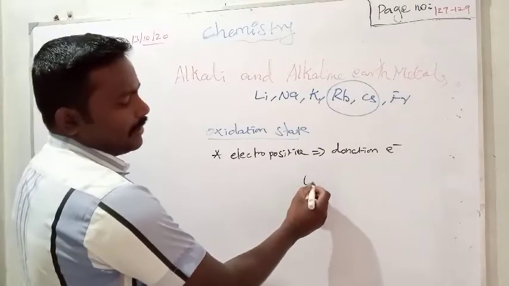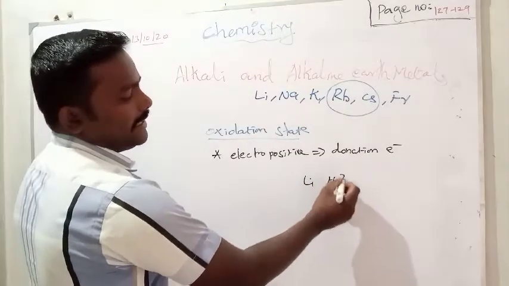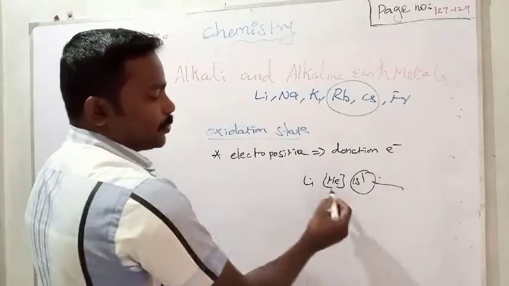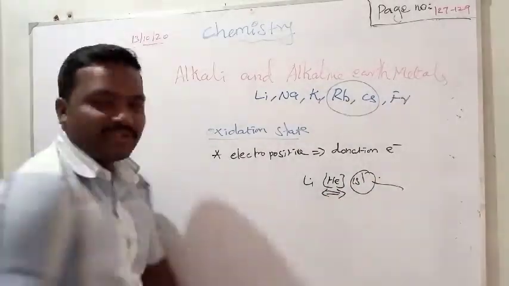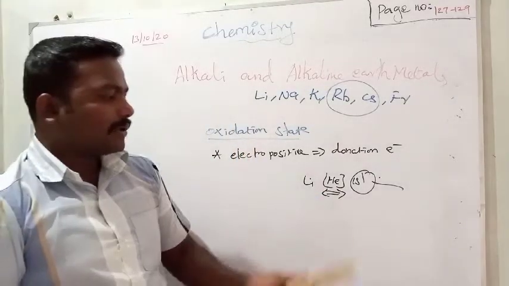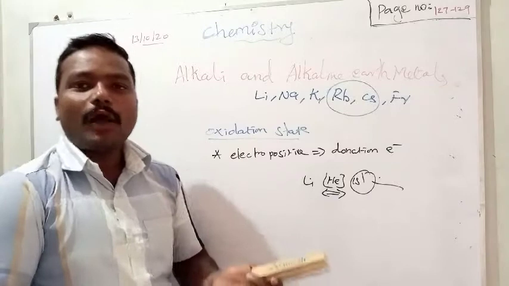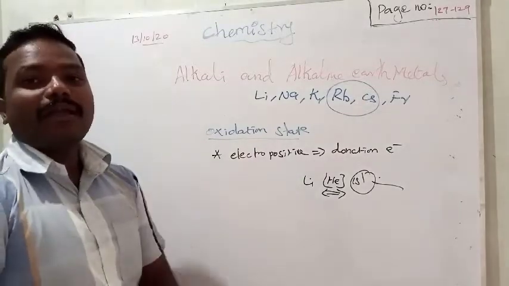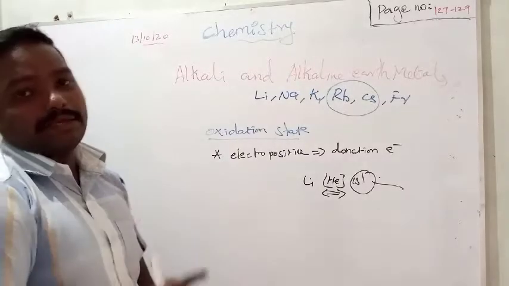For example, lithium, helium with 1s1. So if you remove this 1s1, lithium will stabilize with the inert gas helium. By losing one electron, it will attain the inert gas configuration readily. That's why they are ready to donate one electron.